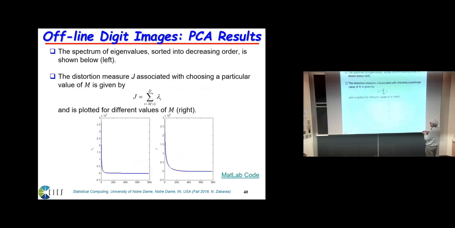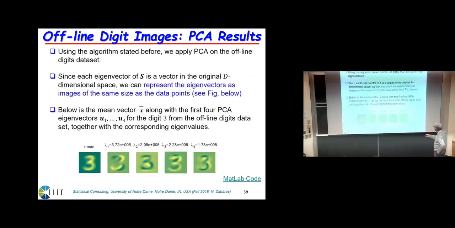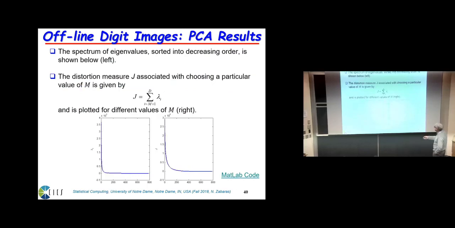You notice from here, these values of lambda 1 are all significant. But if you plot lots of them, like 800, and compute the distortion measure, the summation of the lambda i's from M plus 1 to D, this distortion measure starts stabilizing. Depending on how many values you keep, if you keep 800, the distortion has reached practically 0.